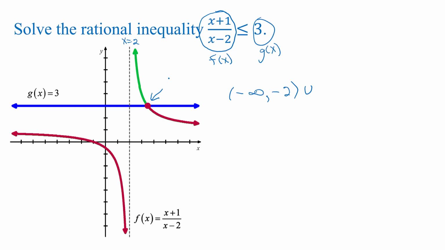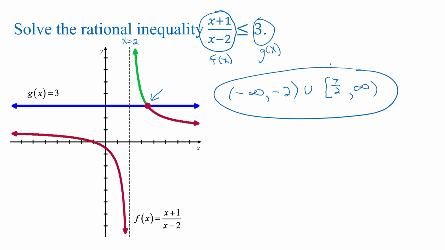And so when we do that, we will find that this point of intersection occurs when x equals 7/2. So the second interval in our solution would be from 7/2 to infinity. So we have solved the rational inequality with a solution negative infinity to 2, union, not including 2, and then union 7/2 to infinity, including 7/2.